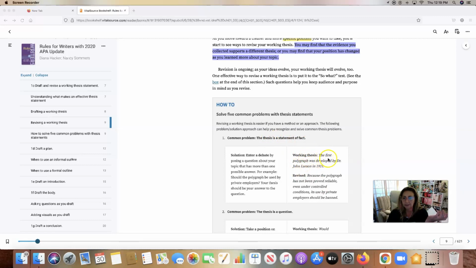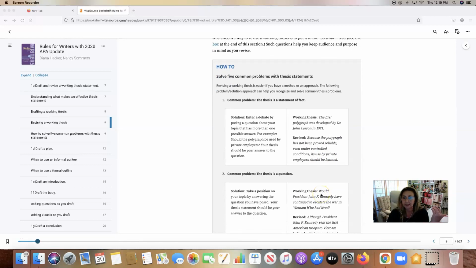Just giving a fact, like the first polygraph was developed by Dr. John Larson in 1921, is not a thesis because it's not taking a stand, it's not answering any questions. A revised thesis would be, because the polygraph has not been proved reliable, even under controlled conditions, its use by private employees should be banned. That's taking a stand, and it's something that you could support.